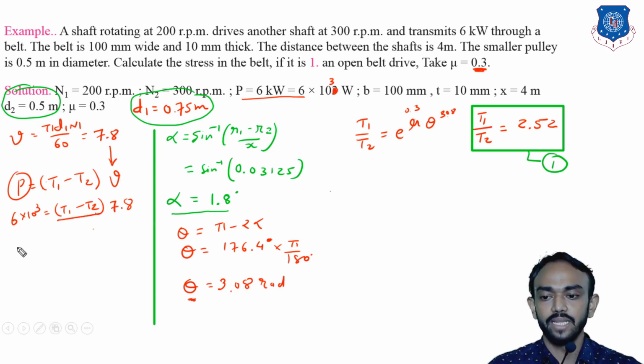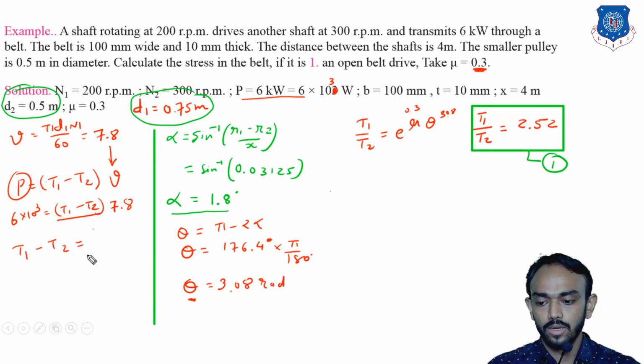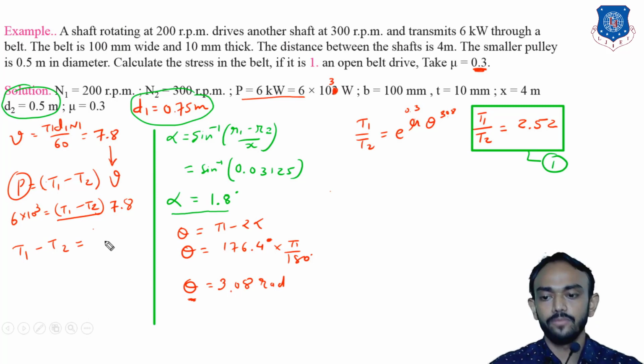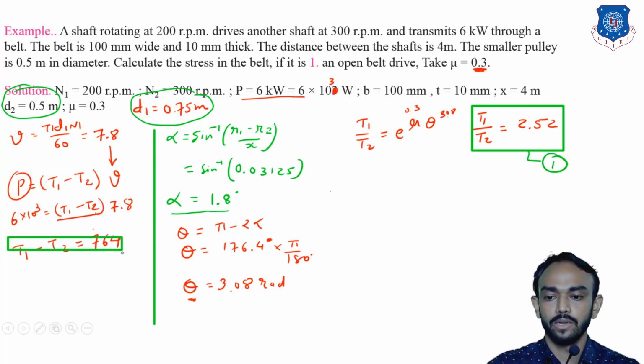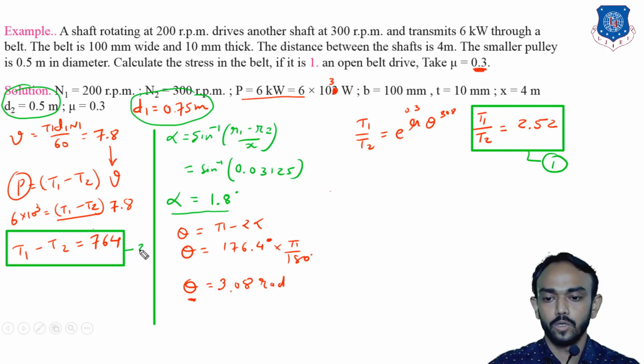So you will find T1 minus T2 is equal to 764. This will be your equation number 2.